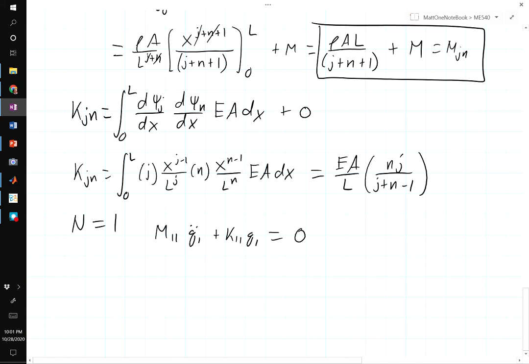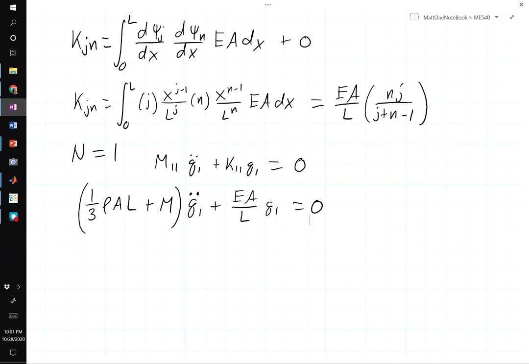In this case, we'd have rho AL over 1 plus 1 plus 1, or 1/3 rho AL, plus the mass that's out on the end, all of that times q1 double dot. And for our k11 term, we'd have 1 times 1 over 1 plus 1 minus 1, that all is just 1. So we just have EA over L times q1, and that's equal to 0.